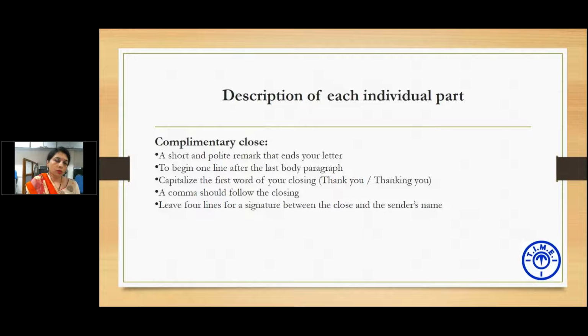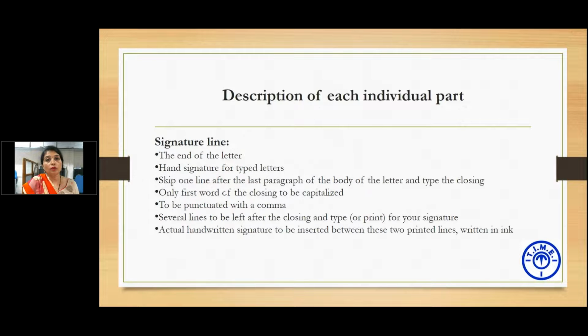After this, you will need to have the signature line in place, and you have to have ample space between the complementary clause and the signature line, because the signature line is the end of the letter and you have to sign there. Please ensure that you skip 4 lines and then you end the letter. You have a hand signature for typed letters, as I've already mentioned when I started the webinar.